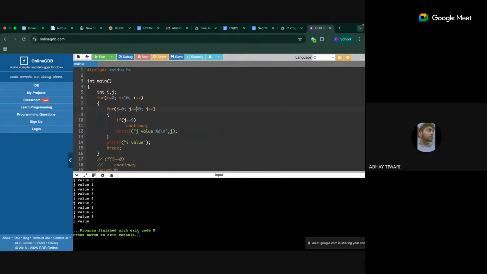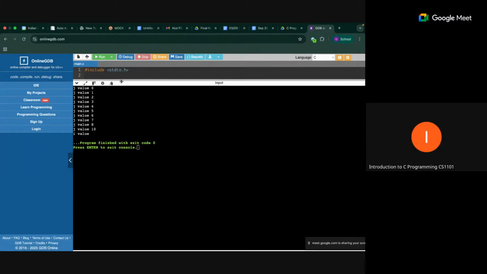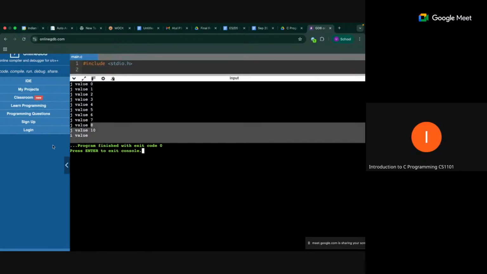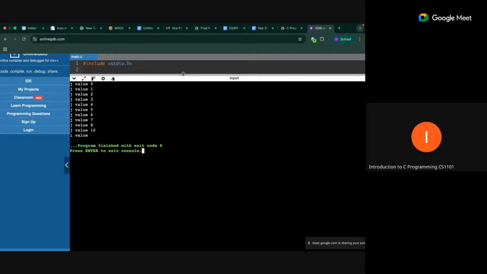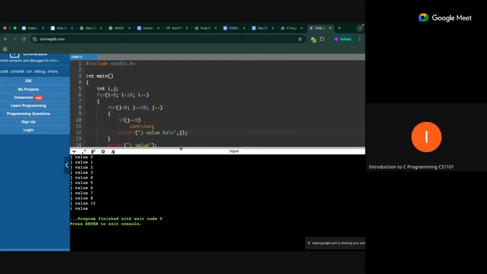Yes, ma'am. After continue, though there are some statements inside the loop, it is ignoring them and automatically moving to the next iteration. That's why the output we have got is 7, 8, and at last 10, not the 9. Is that clear?